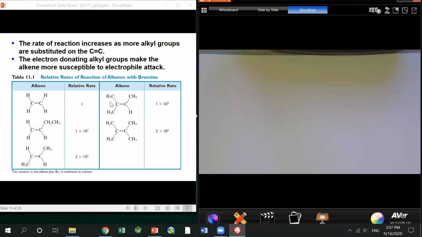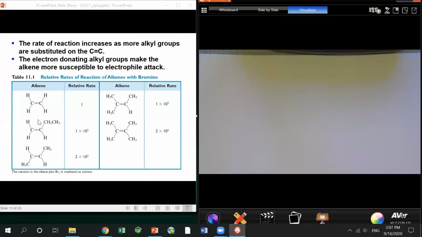For the addition of bromine or chlorine to a C=C bond, the alkene case, the reaction rate depends on how many alkyl groups are on the alkene. Basically, the more alkyl groups, the more substituted the alkene, the higher the reaction rate. Here is a comparison. The first one has no alkyl group, and the reaction rate is 1.